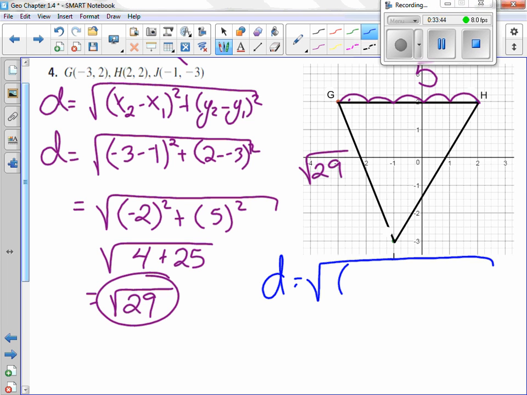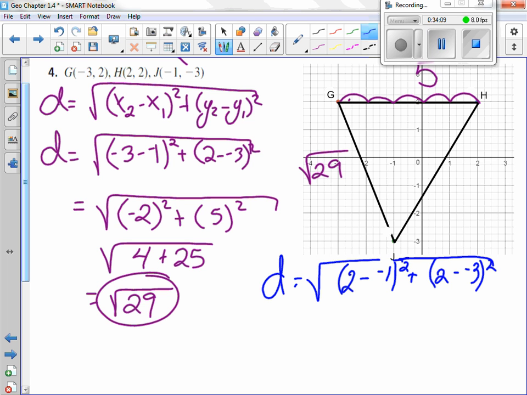So I need H to J. So what are our x? So we'd have 2 minus -1. Yes, thank you. I was looking at G. I was looking at the wrong one. Let's make that work. There we go. 2 minus -1 plus 2 minus -3.